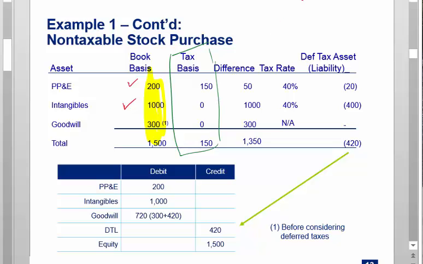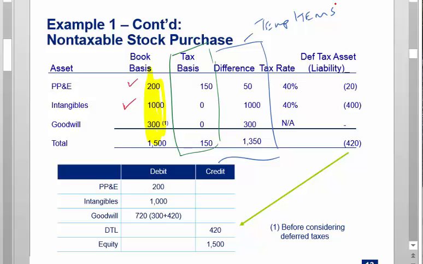So those differences are our temp items. So far in class, you've learned about temp items as I add back something in year one, I deduct it in year two, it sort of comes full circle, right? This is a temp item too, but it doesn't work quite the same way.